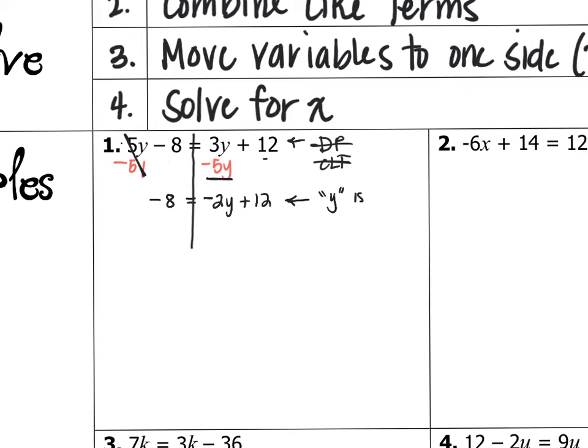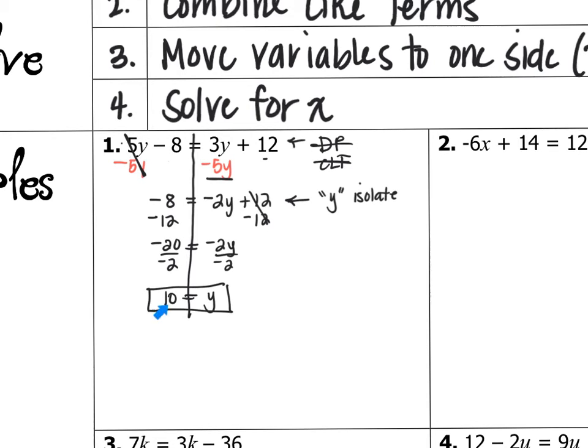So now I can work towards isolating that y by subtracting 12, zeroing that out, and I get negative 2y is equal to negative 20, and then I can divide both sides by negative 2 to get that y is equal to 10. Now keep in mind, you could take that answer of 10, plug it back in for y, and follow the order of operations on the left and on the right to see if you get equality.